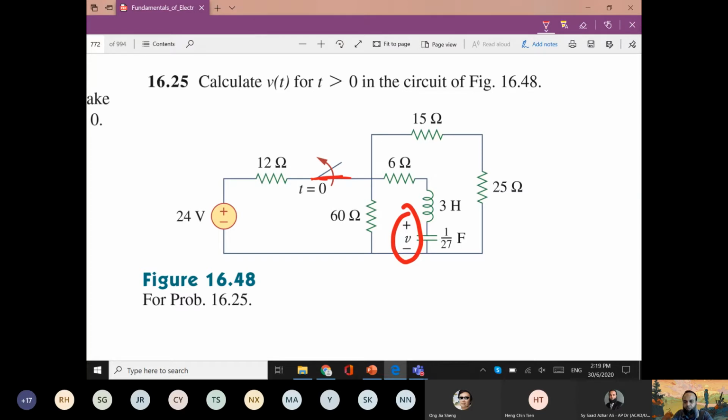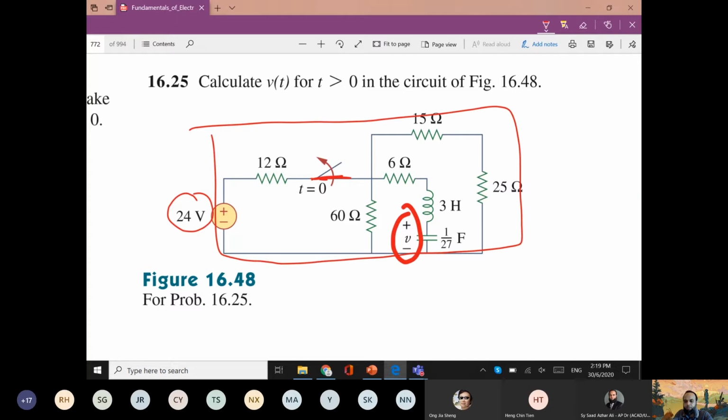So what will happen is that this voltage source is with the whole circuit. We remember from circuit theory that for a DC source, and this is a DC source by the way, the inductor becomes a short circuit and the capacitor becomes an open circuit, right?